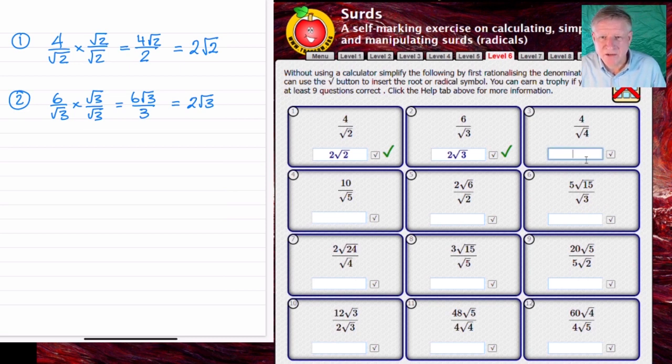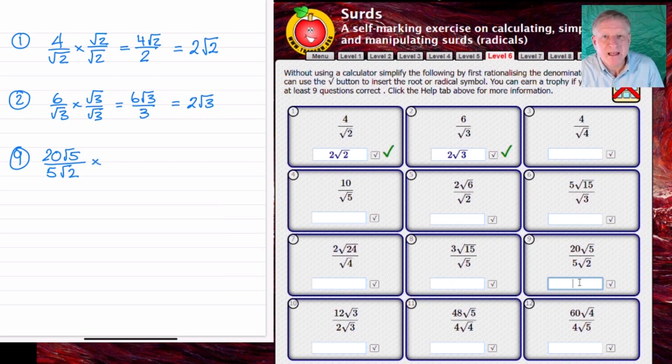Okay, do I need to do this one? Or shall I maybe skip down to a more tricky one? Let's go to number 9. Okay, question number 9. We've got 20 root 5 on the top of the fraction and 5 root 2 on the bottom.